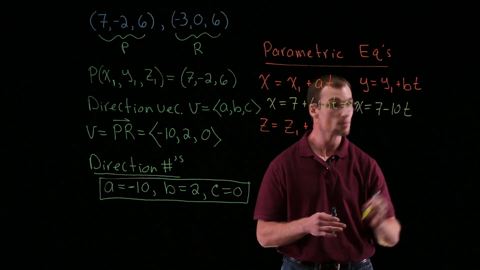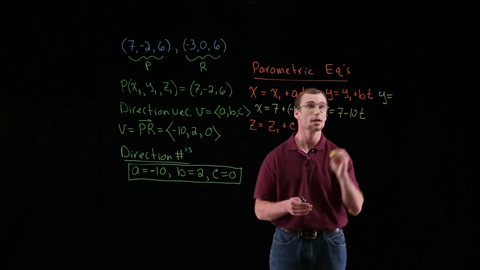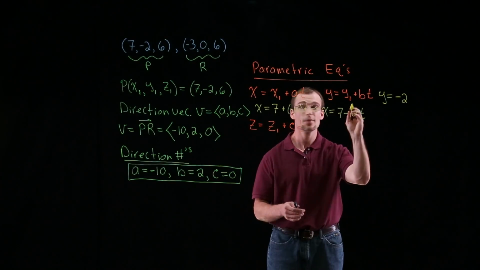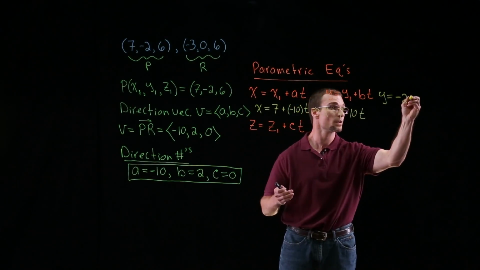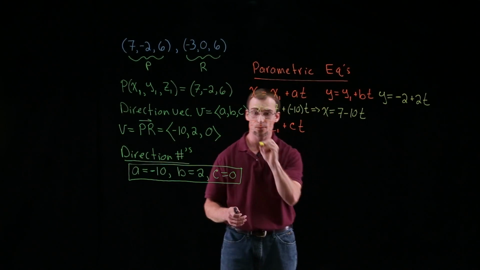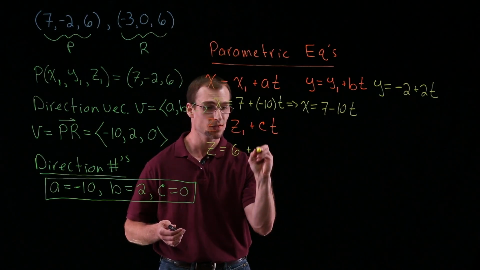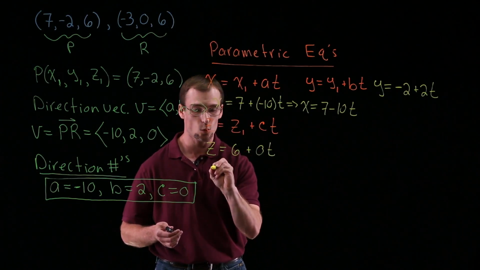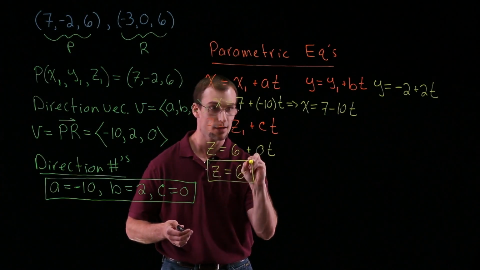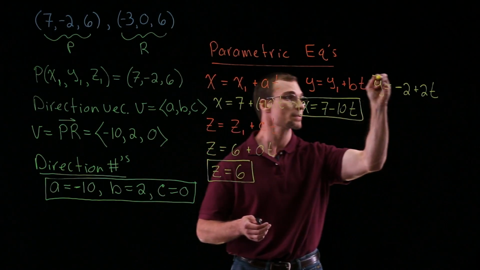Now for y, we'll have y equals y1, which is -2, plus b times t, where b is +2, so plus 2t. And lastly for z, we'll have z equal to z1, which is 6, plus c, which is 0, times t, or z is just equal to 6. So here is our set of parametric equations for the line going through our 2 points.